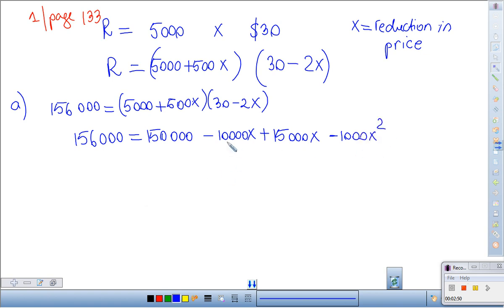So we can collect like terms and rearrange our quadratic equation in standard form.